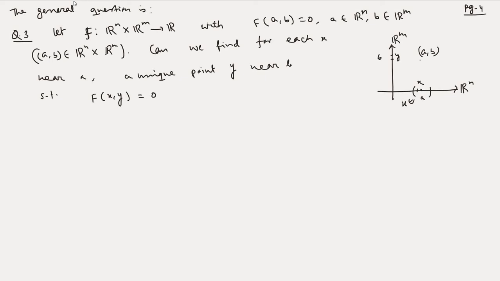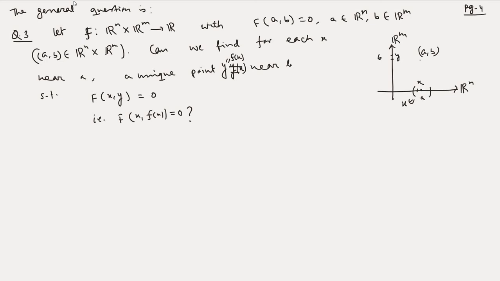So for given x there exists a point y near b, so we can denote y as a function of x, or maybe y equal to small f of x, that is F of x comma f of x is equal to 0. So this is the general question.